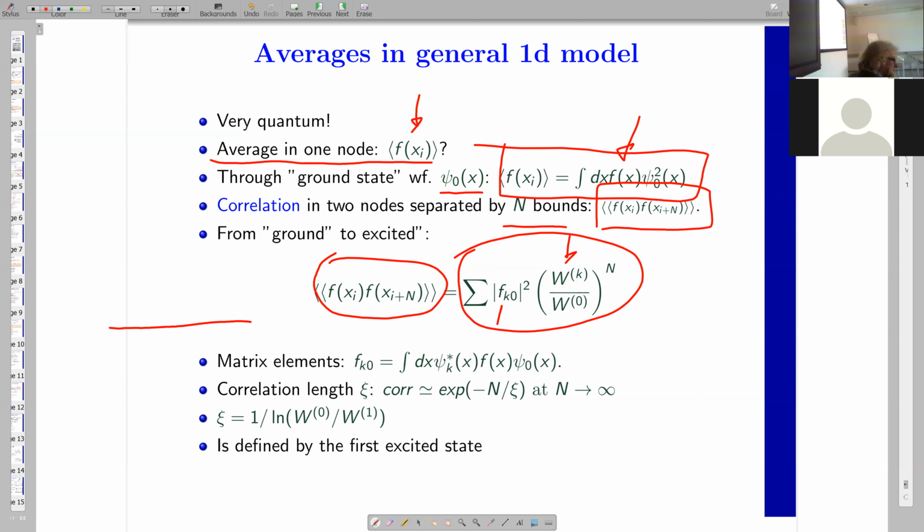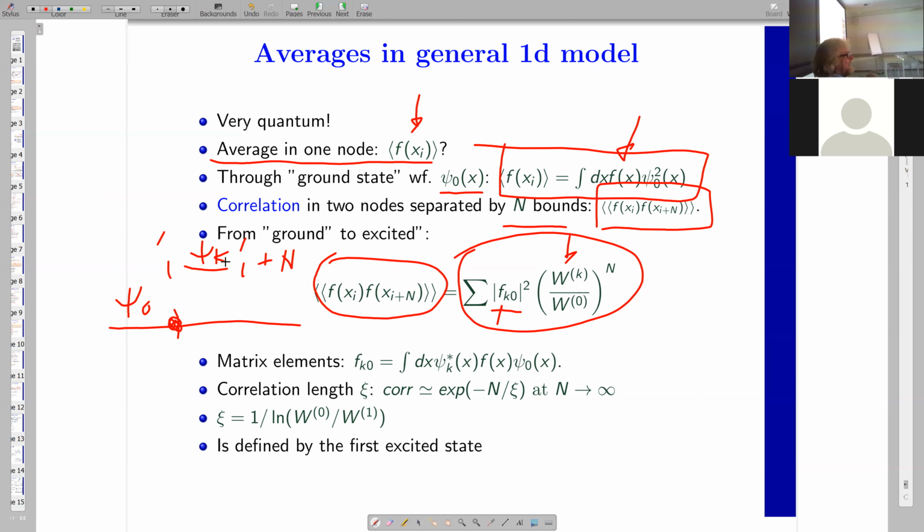I have these two nodes. Let me call them i and i plus 1. And till that, let's call it time, till that time the wave function was in the ground state. Then something happened at this node, and this is described by a matrix element of transition from the ground state to all possible excited states.